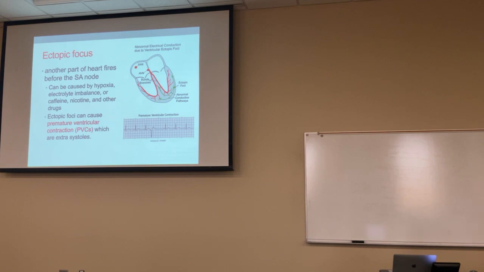However, if a person has had too much caffeine or too much nicotine or some other substance, or if their heart is deprived of oxygen, then it may cause a part of the myocardium to spontaneously depolarize. And if that happens before the ventricles are stimulated to contract, that may cause what's called a preventricular contraction.